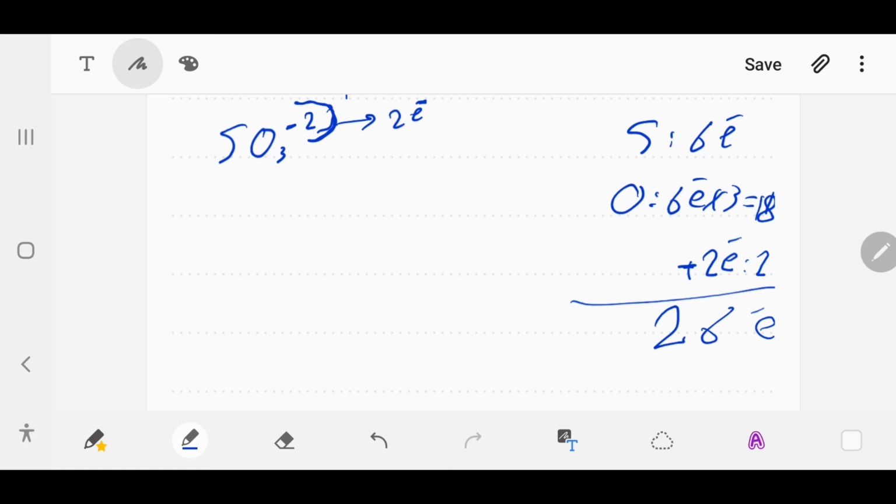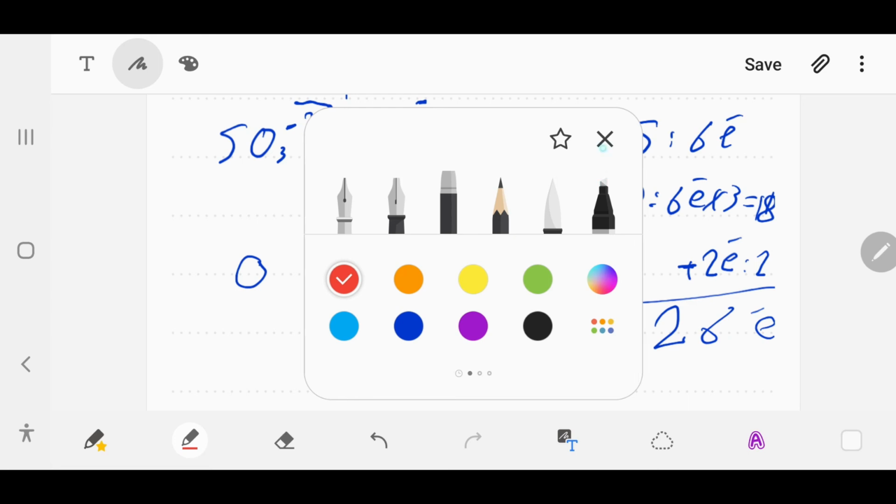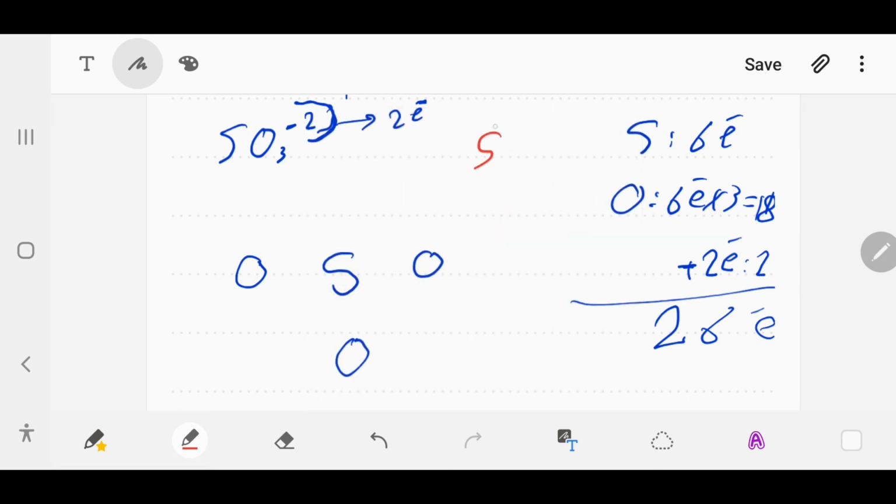So sulfur will be the central atom, with the lower electronegativity. Then we draw O, O, O. And remember that sulfur has 1, 2, 3, 4, 5, 6, and oxygen also is the same, 1, 2, 3, 4, 5, 6.